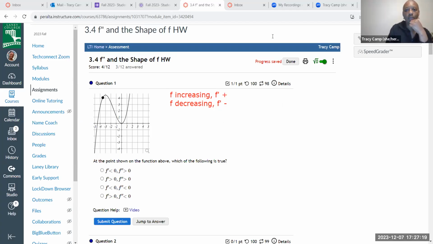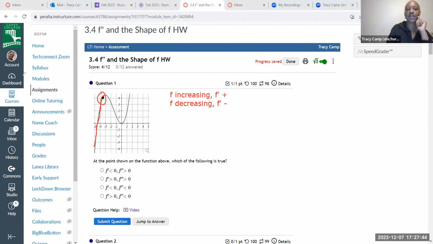So they want you to know that, and then the idea is to look at this graph and say, right here at this point on this graph, is my function increasing or decreasing? I know that if I were walking on this graph from left to right, I would be going uphill. At this point, I would still be going uphill.